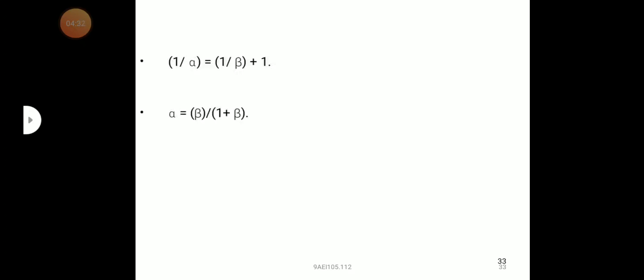Simplifying, alpha equals beta by 1 plus beta. Rearranging the above equation, beta equals alpha by 1 minus alpha. That is the relation between alpha and beta: alpha equals beta by 1 plus beta, beta equals alpha by 1 minus alpha.